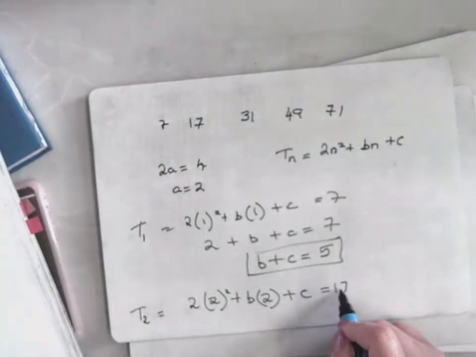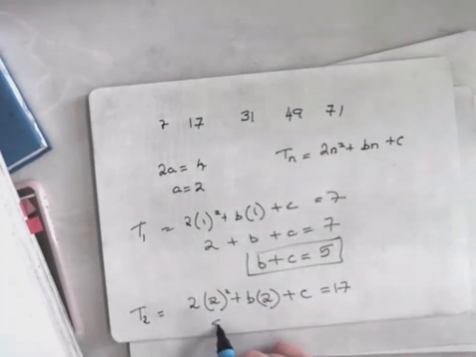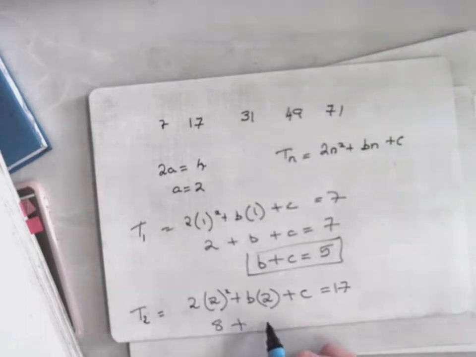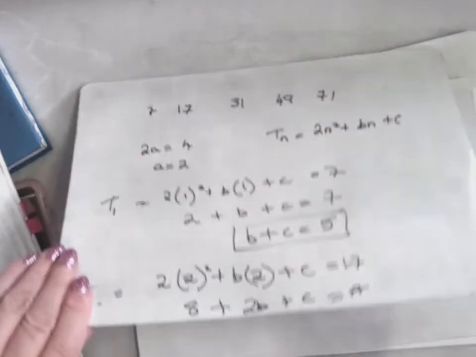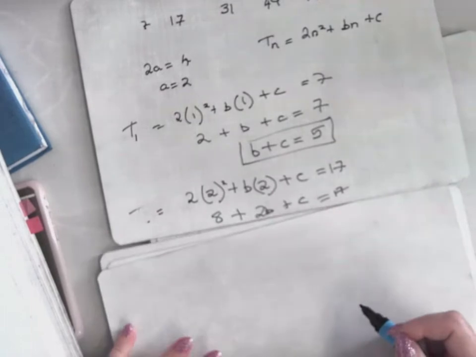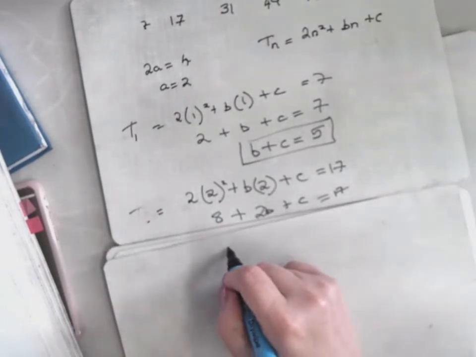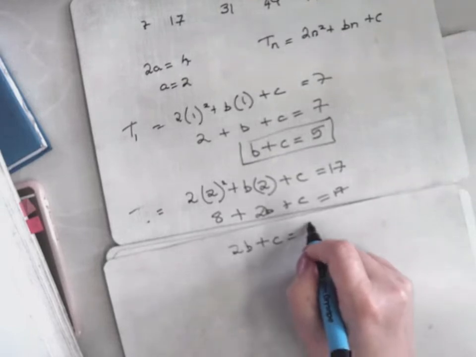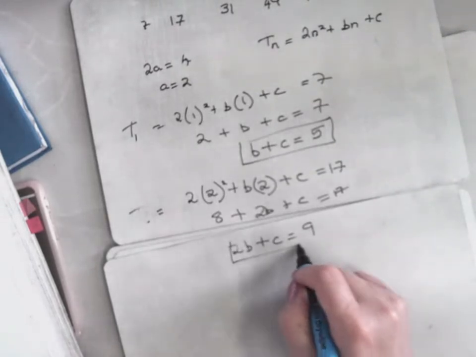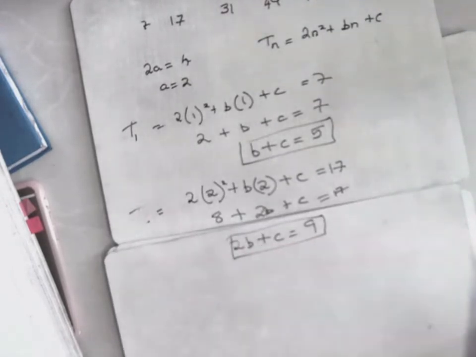Okay, multiplying out, that's 8 plus 2b plus c equals 17. Right, rearranging there. So I get 2b plus c equals 17 minus 8, which is 9. Okay, so there's my second equation from my simultaneous equations.